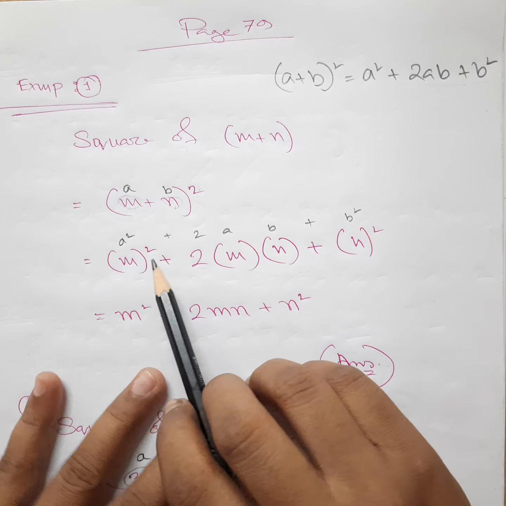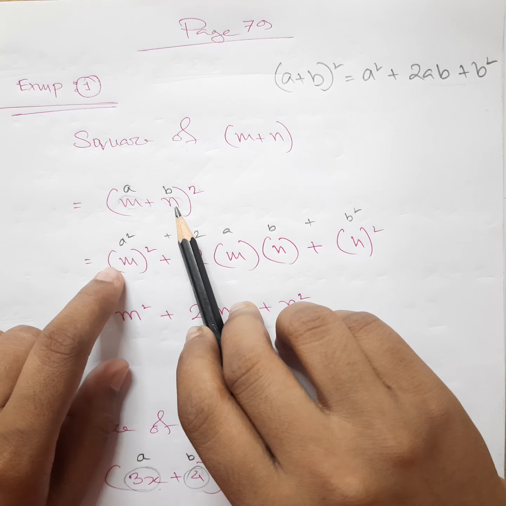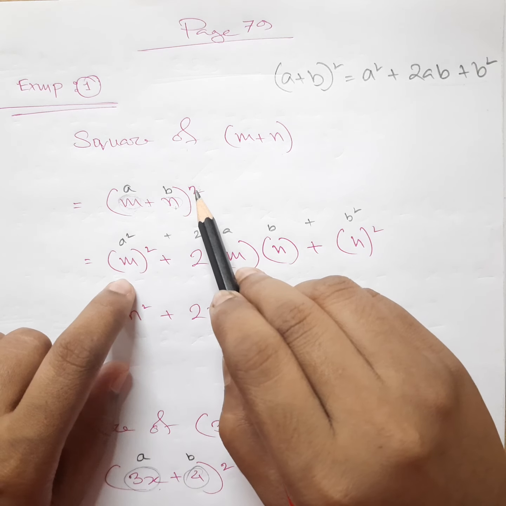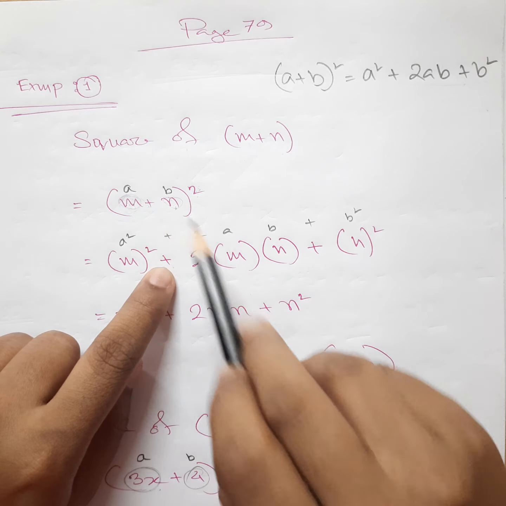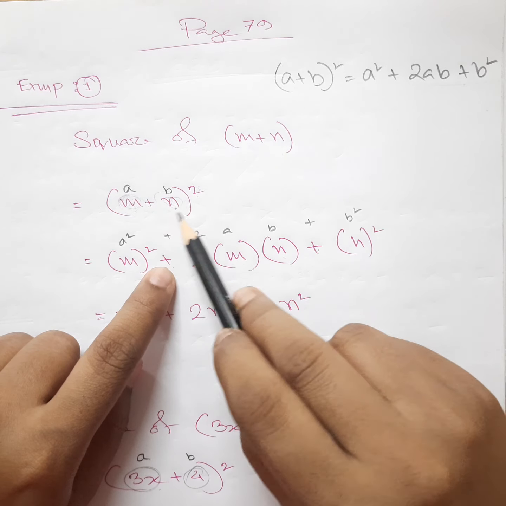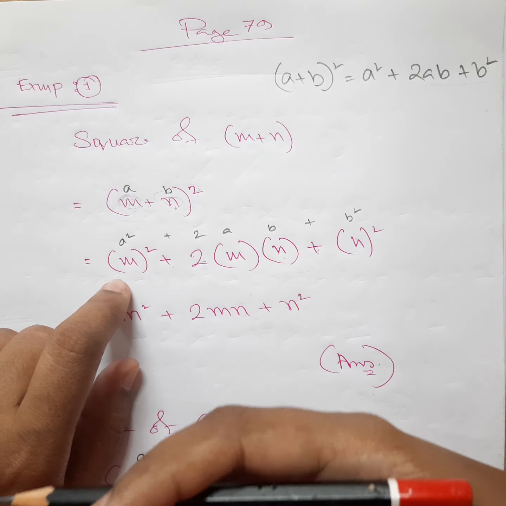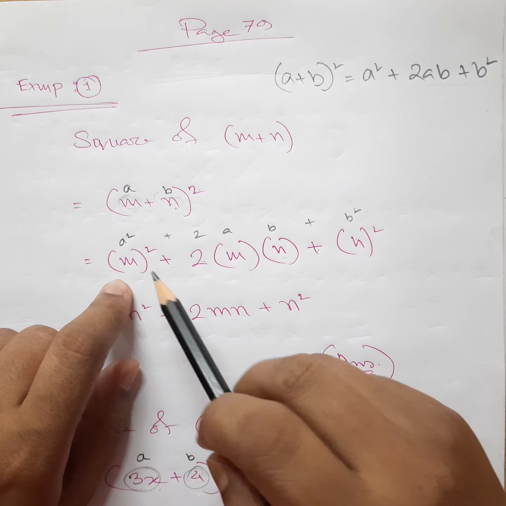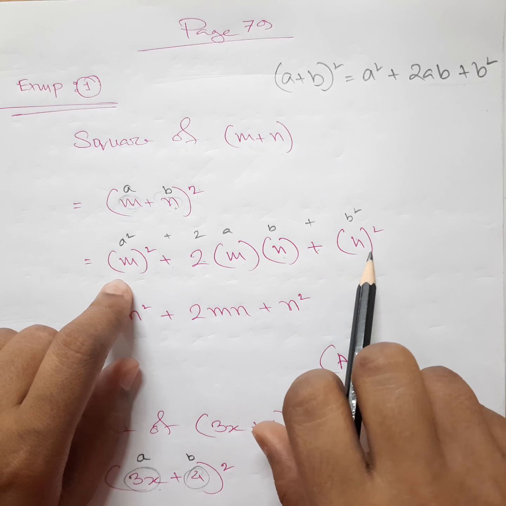If I consider m as a and n as b, at that time we are going to say a square plus 2ab plus b square. But as I am a little bit old about this, I am actually saying m square plus 2mn plus n square.